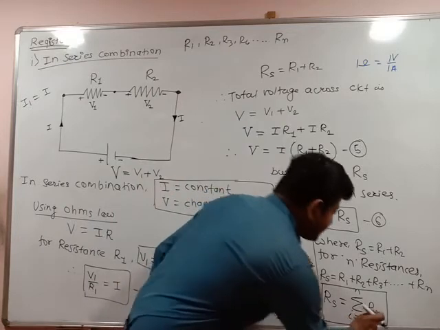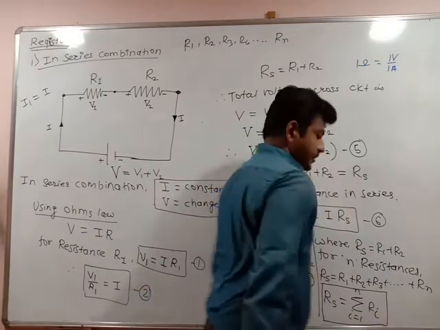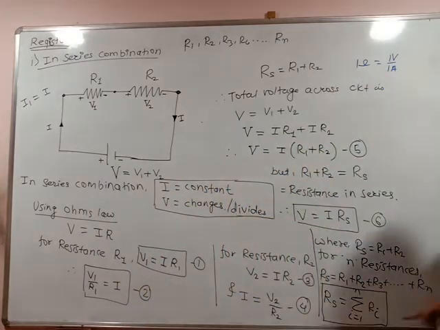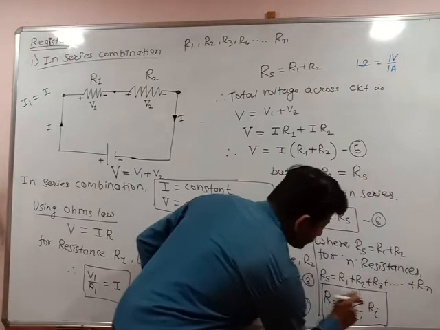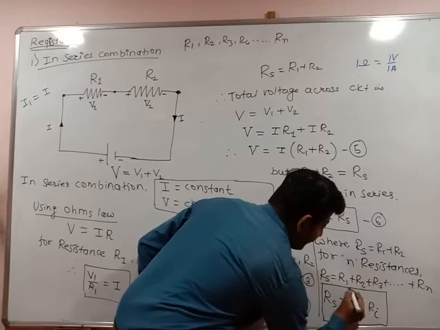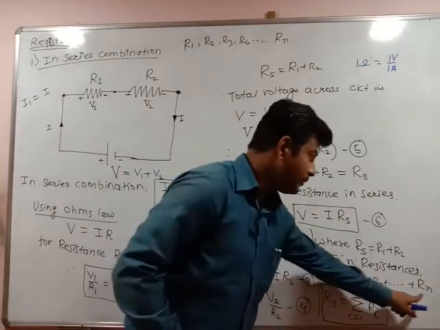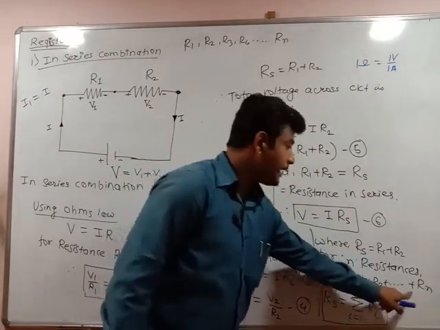This is the mathematical part, discrete sets: i is equal to 1, R1; i is equal to 2, R2; i is equal to 3, R3; up to finally i is equal to n, where the last resistance will be Rn.